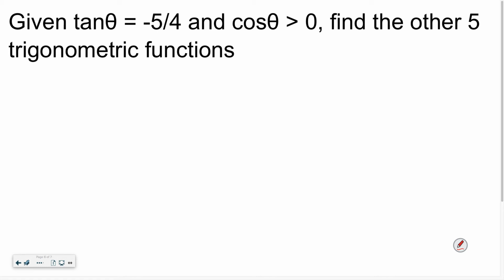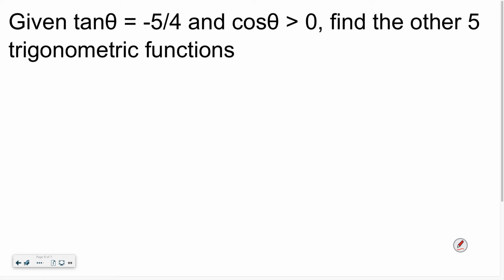Should I just draw a random floating triangle? No. It tells us that it goes over 5 and up 4. We know that this is y over x. But is it -5/4 or is it 5 over -4? How do we know?